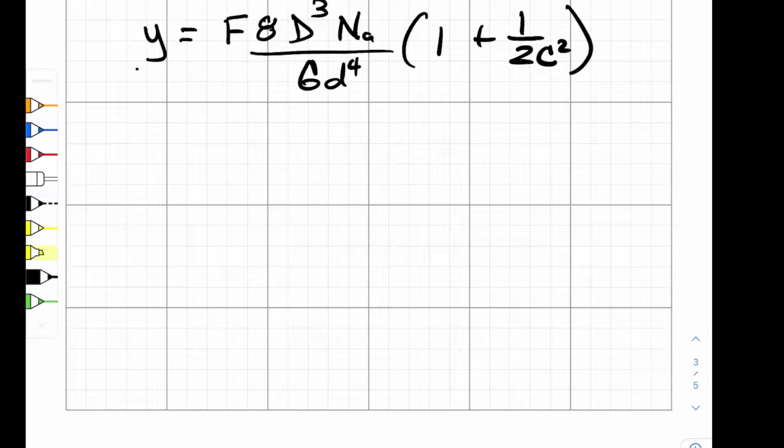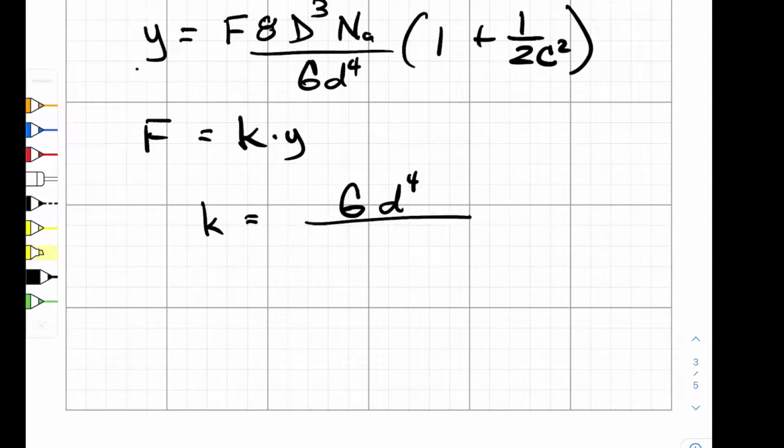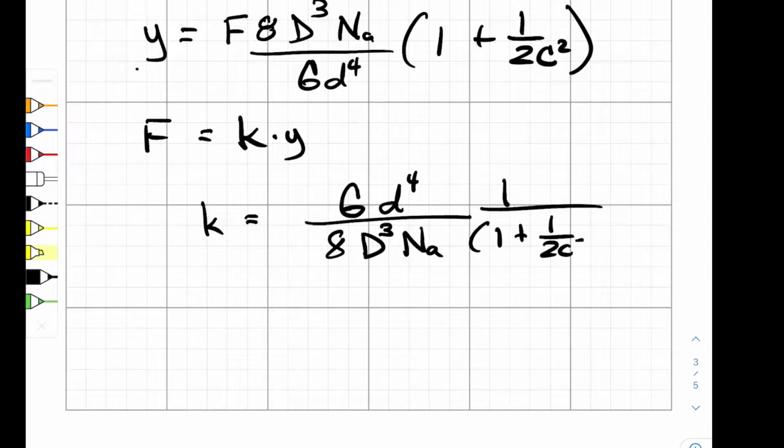And then you know that the spring constant, because the force is related to K times Y, would simply be given by G, that's the shear modulus, times the fourth power of the wire diameter, divided by 8 times the coil diameter cubed times the number of active coils, and we divide all of that by 1 plus 1 over 2c squared.